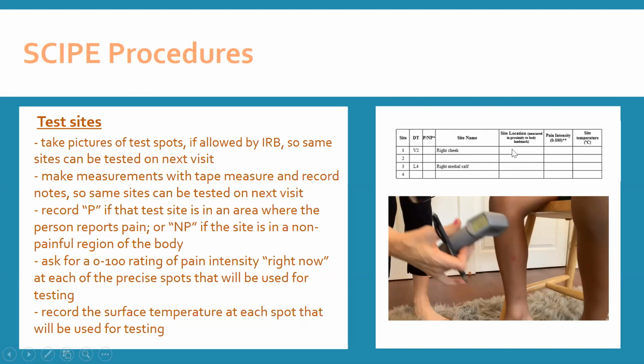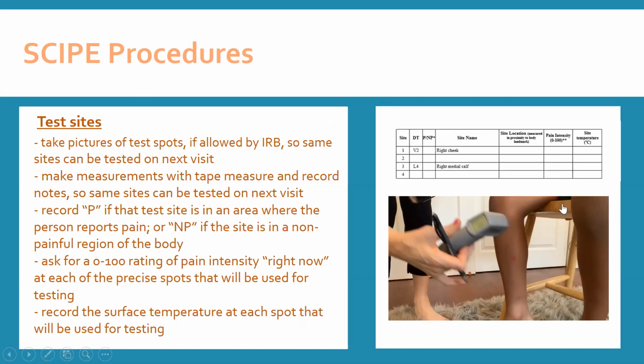So you point to the cheek and you say, do you have any pain in this area right now? Yes or no? Yes, I do. On a scale from 0 to 100, where 0 is no pain and 100 is the most intense pain imaginable, what is the pain intensity at that site right now? So then you'll record those ratings for each of the test sites.